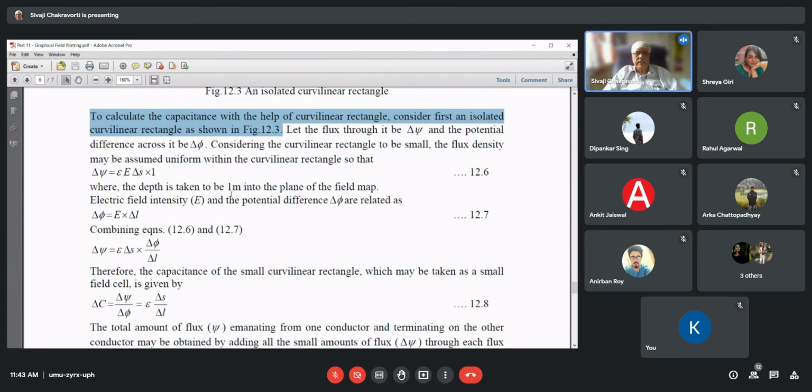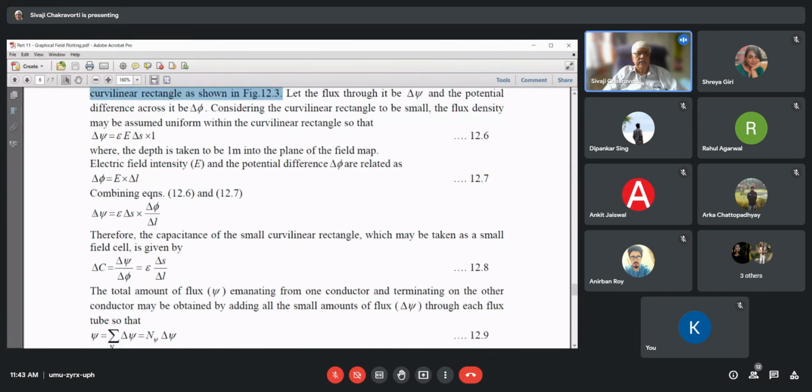Then, for electric field intensity and electric potential difference, we know that del phi will be E into del L. So if we substitute, I get del psi is epsilon into del S del phi by del L.